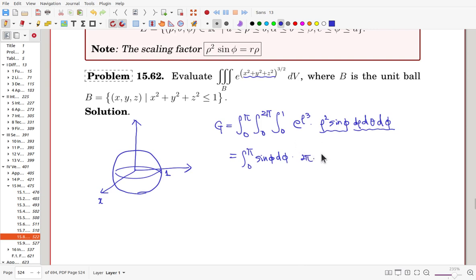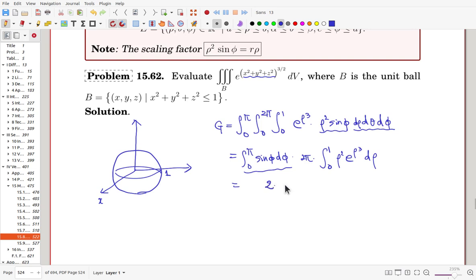And then finally rho integration from 0 to 1, now rho squared and e to the rho cubed d rho, right?